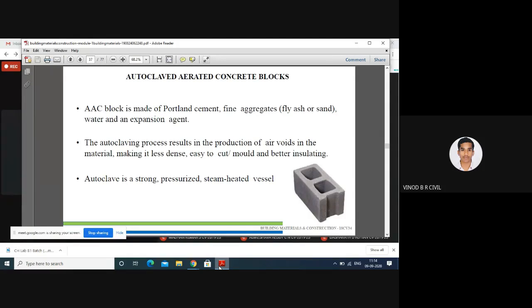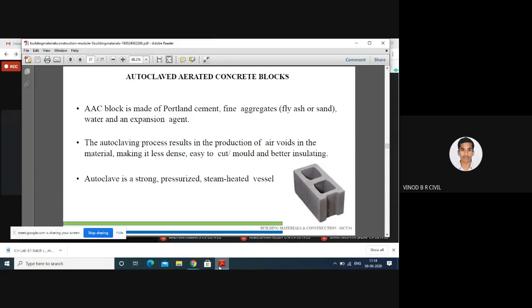During the cutting process we cannot expect any sharp edges or wastage with this kind of material; easily we can cut it in different manner. Suppose we want half, or 3/4, or 1/4, easily we can cut it on site. And a better installation also we can do.